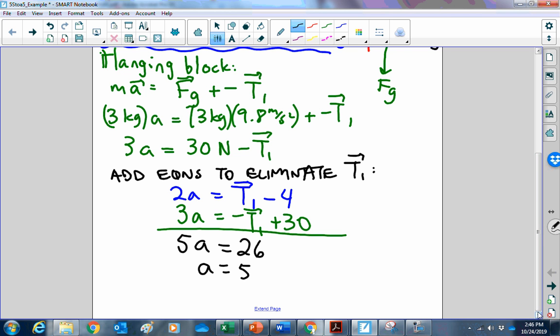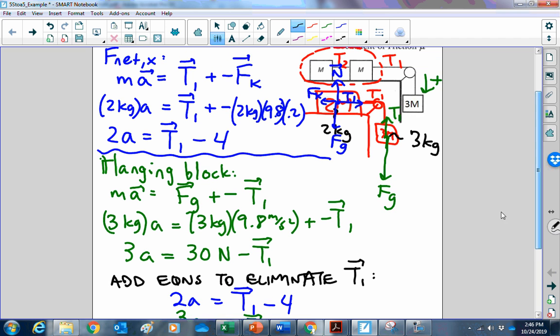This would be around 5.2 meters per second squared. And that came out positive, which means that the system is accelerating in this direction.